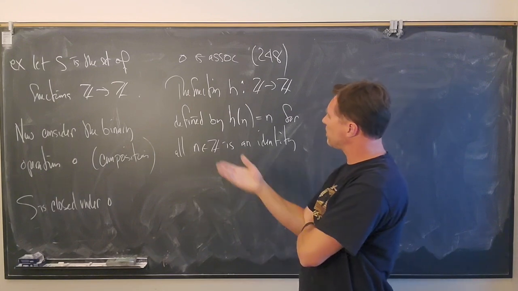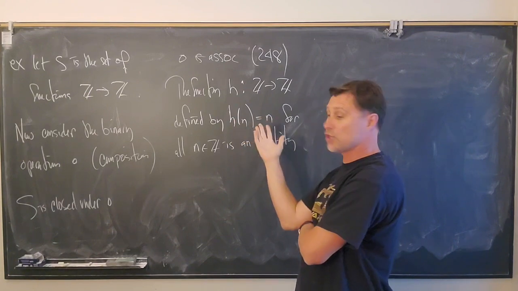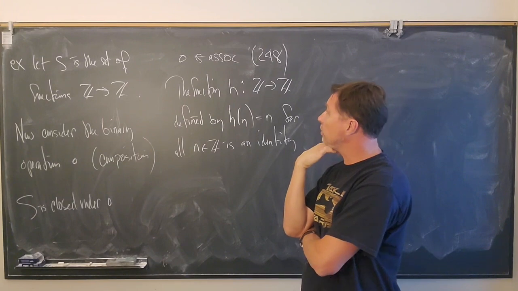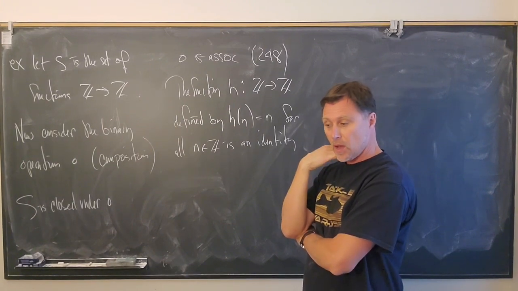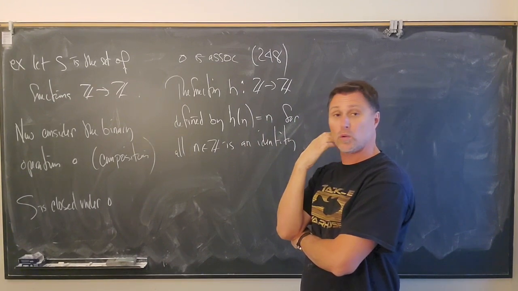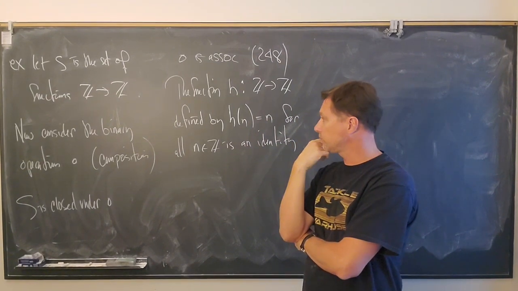Under this definition, this is the typical definition of identity function for a set. And what do we know? What did you learn in Math 248? A function has an inverse under composition if and only if the function is a bijection.